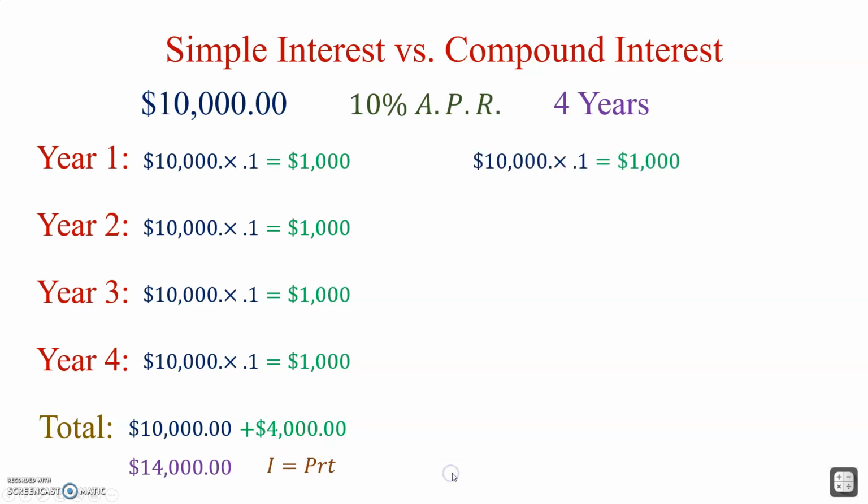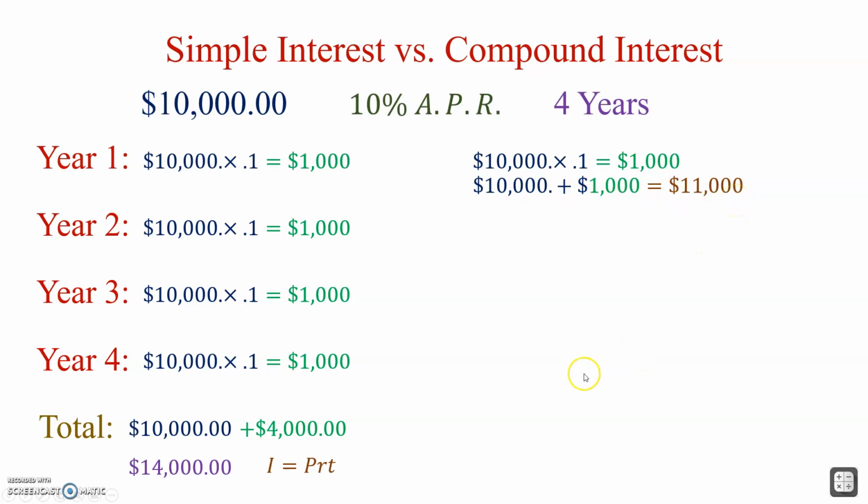Let's look at compound interest. Compound interest is a little different. In our first year, we'll still take the $10,000 multiplied by 10%, still get $1,000. So at the end of the year, we have the 10,000 we started with plus the 1,000 we just earned in our interest to give us a grand total of $11,000.